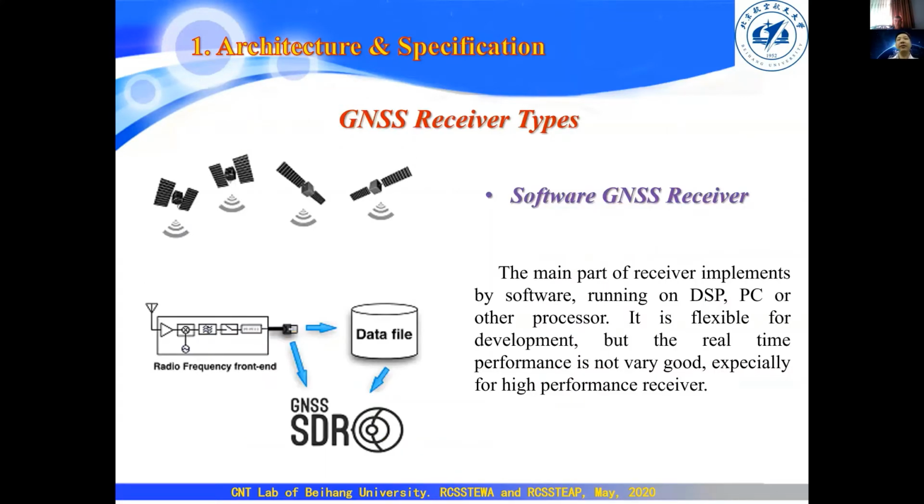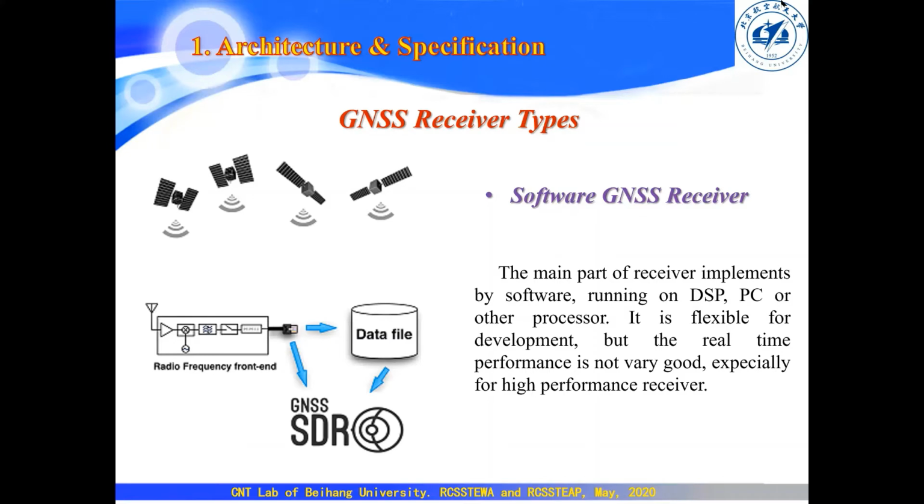Commonly, when you make a receiver, according to the different purpose, the receiver can be divided as a soft receiver. The soft receiver is a receiver where the main part is implemented by software, running on a DSP or PC or other general purpose processors.